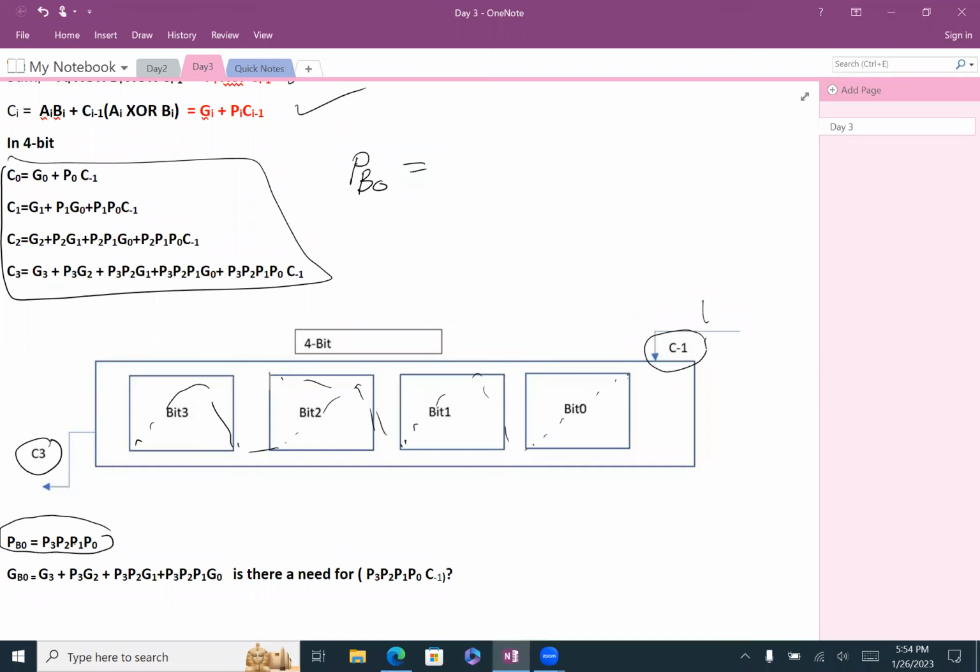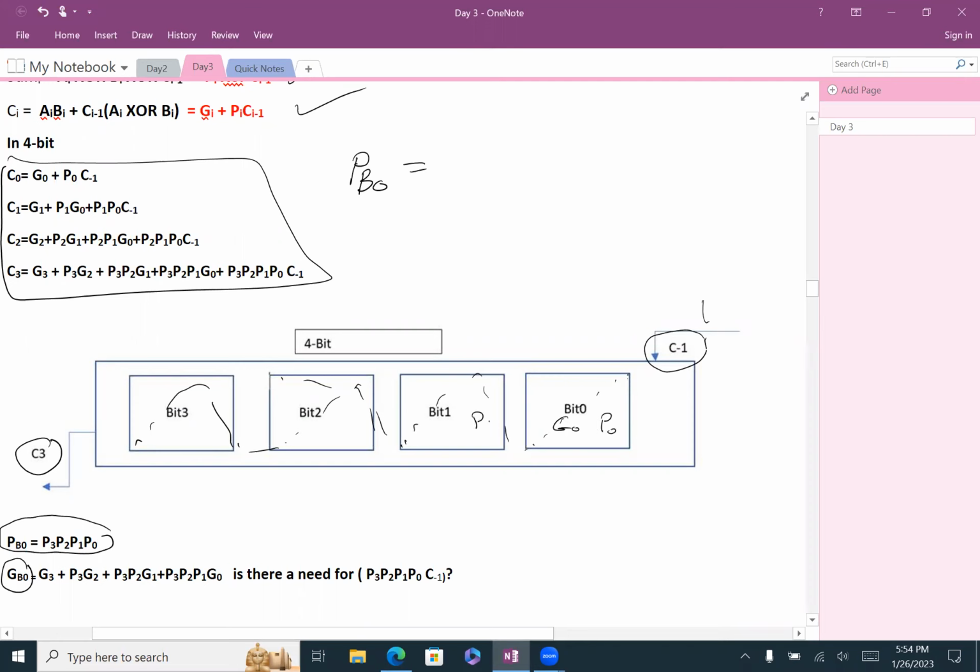So now what about the G0? What's the answer? Remember, that's stage 0. What will we have here? Remember, we'll have B0 and G0, correct?